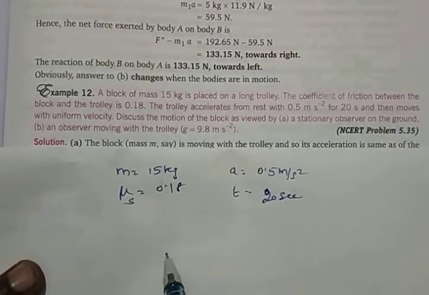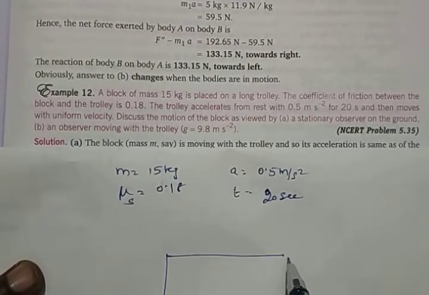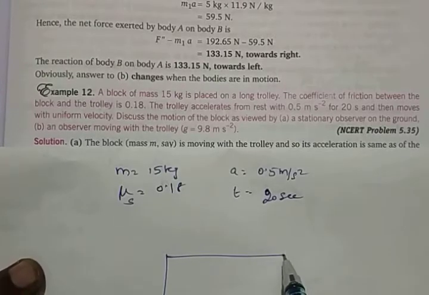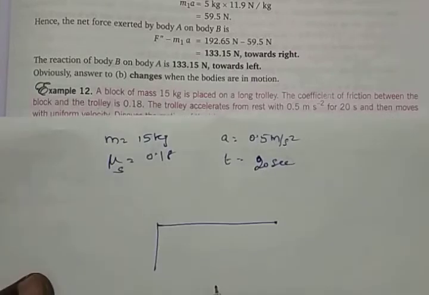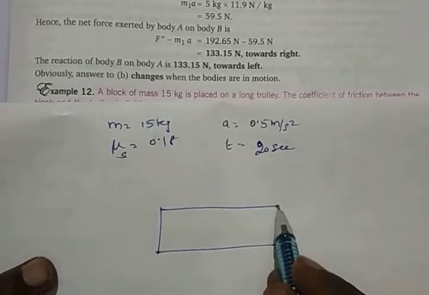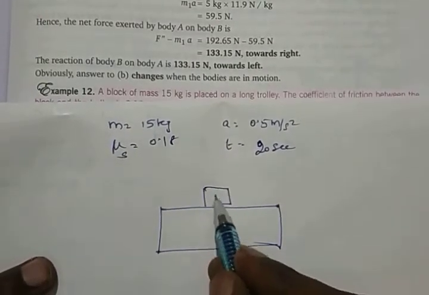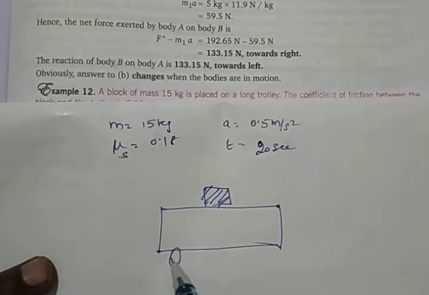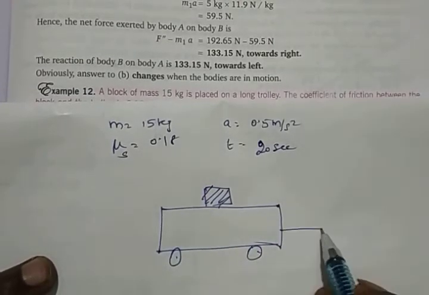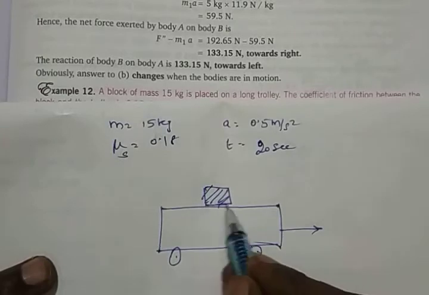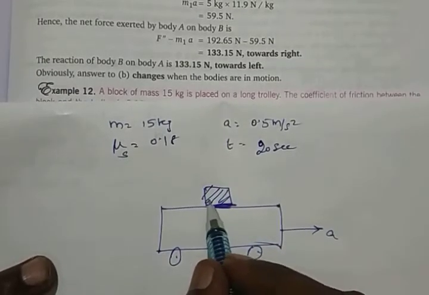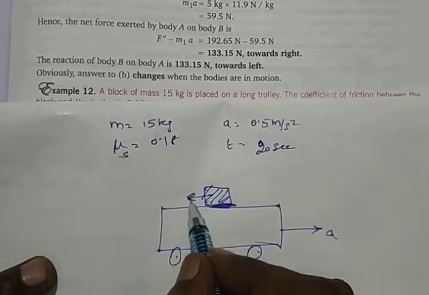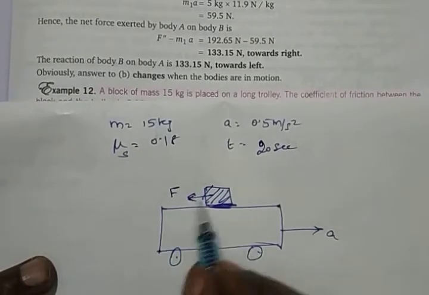So if you look at the situation here, the trolley is accelerating like this. This is the trolley with the block on top of it, and you have the wheels of the trolley here, and the trolley moves. Whenever it accelerates, you will find a backward push of force acting on this one.